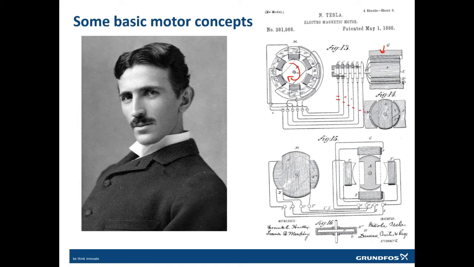So he was saying that you can create a rotational motion with electricity. At that time, creating a revolving motion with electricity was something very new. Today's motors are very similar to the design shown in this 1888 patent: we have some electromagnets, and we have a rotor which rotates and generates the rotational motion.